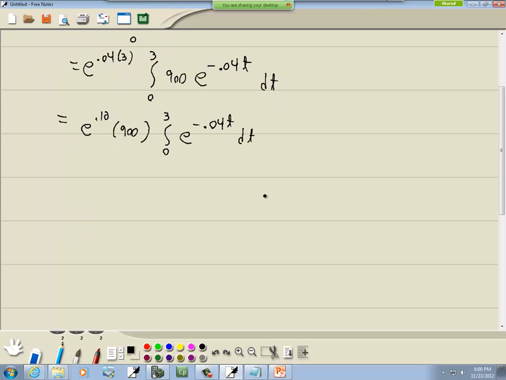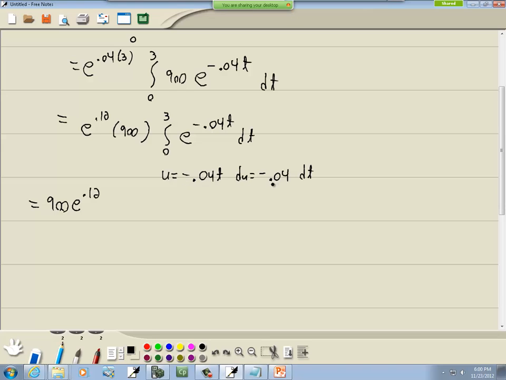Well, this is a u substitution. We're going to let u equal negative 0.04 t. The derivative of that is going to give us negative 0.04, and then we throw in our dt. So we've got 900 e to the 0.12.